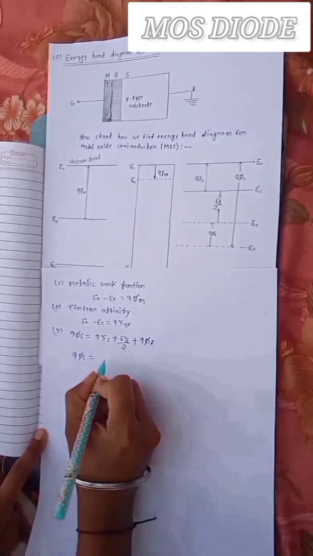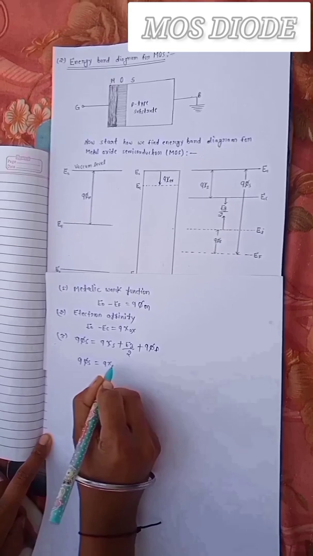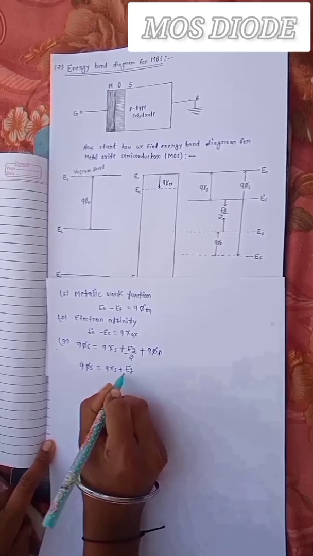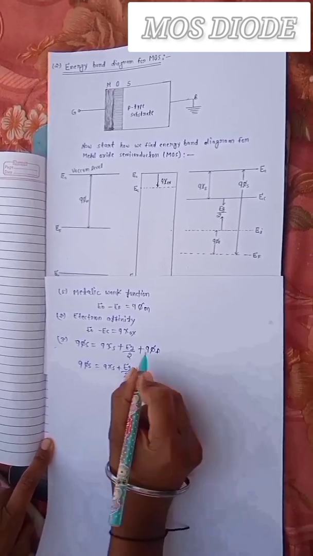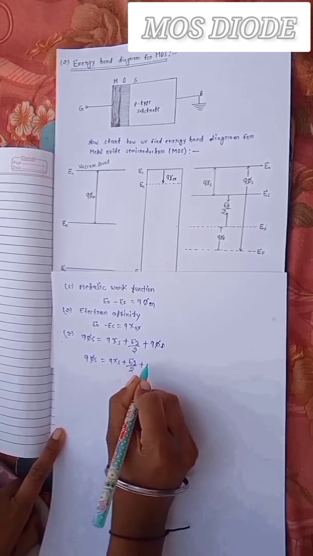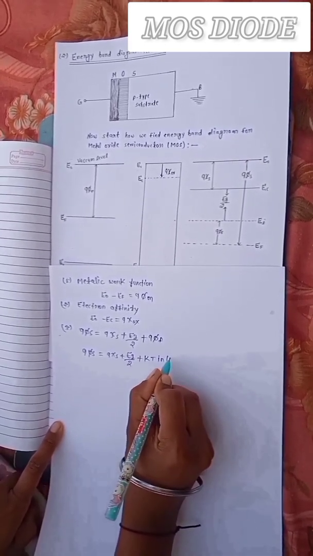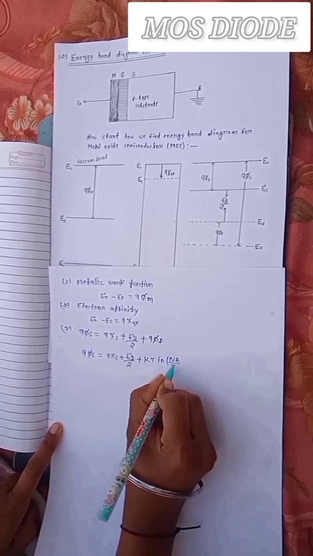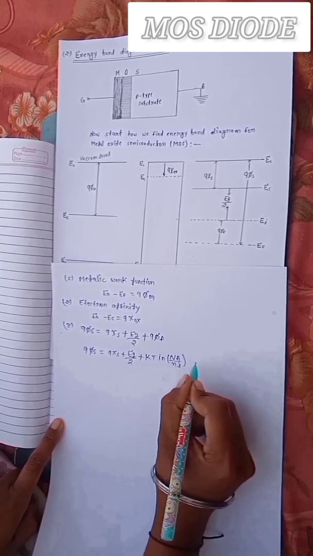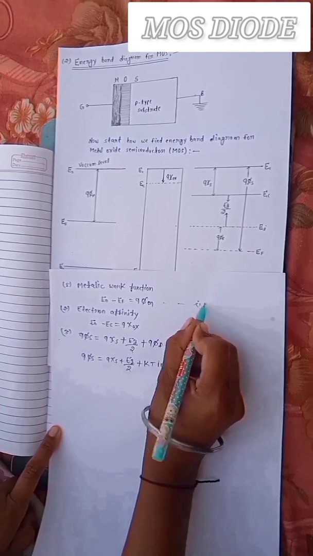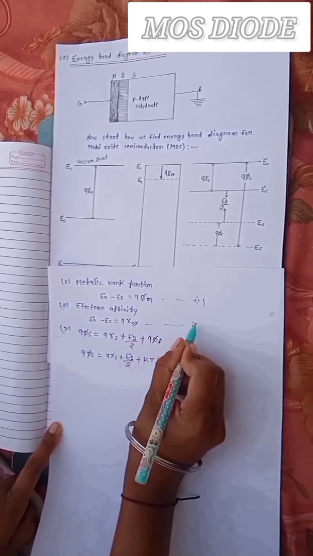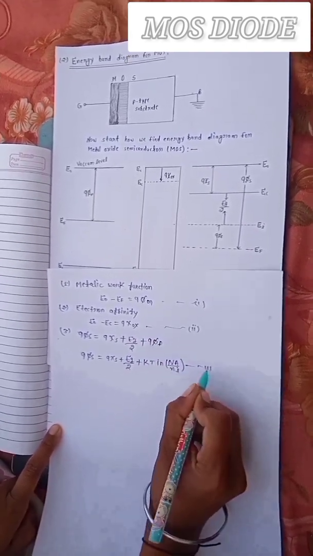So Q phi s is equal to Q chi s plus Eg by 2 plus Q phi f, where Q phi f is kT ln of Na upon Ni. So this is equation number one, this is equation number two, and this is equation number three.